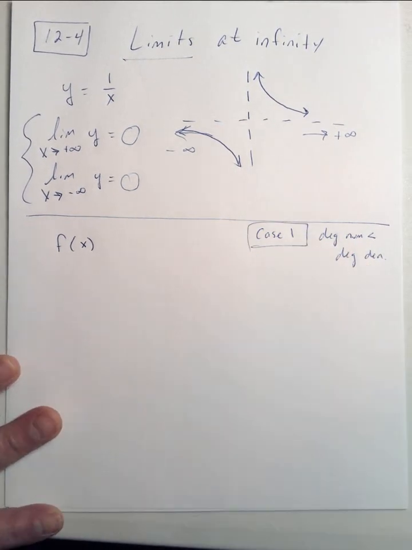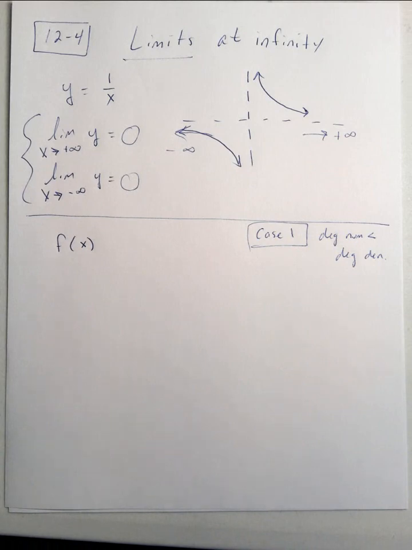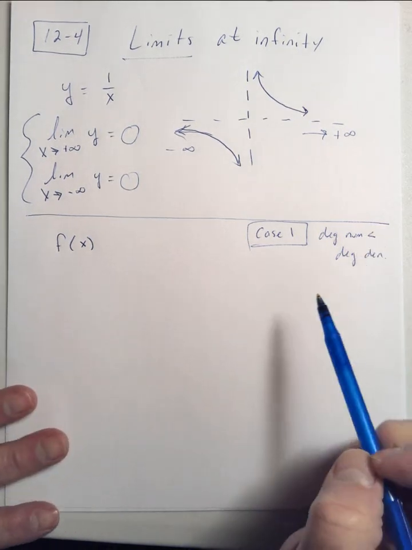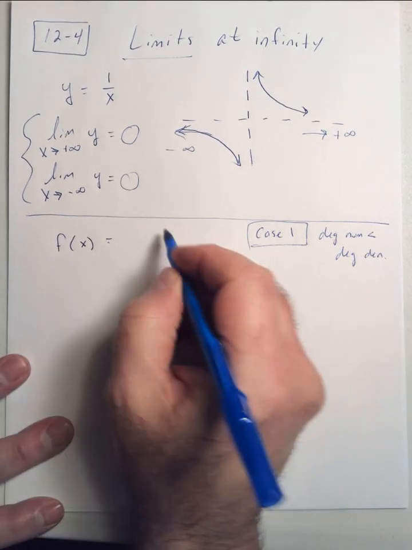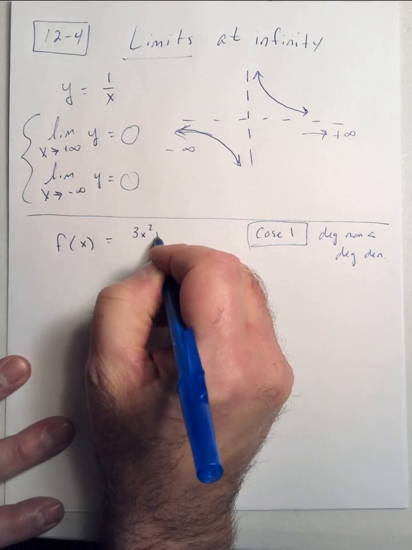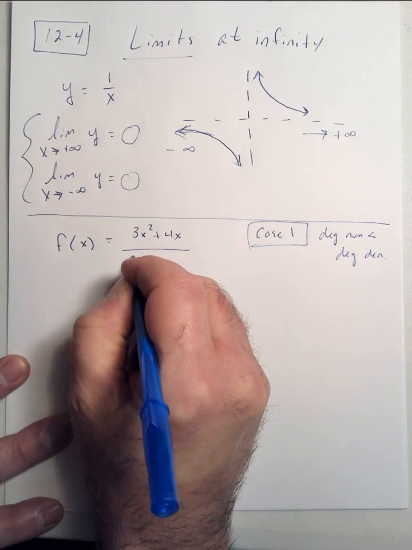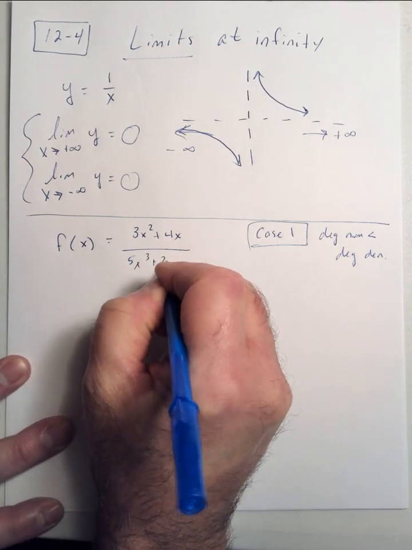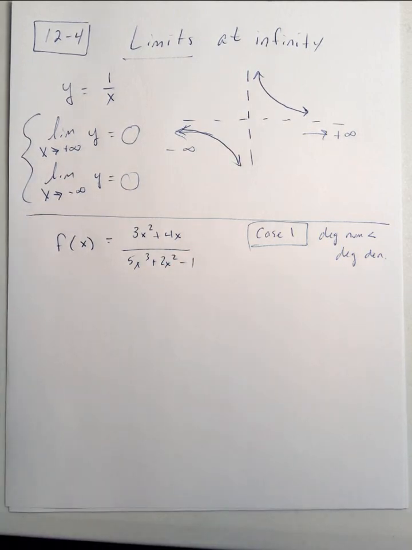And this is really what we're talking about here. We're talking about rational functions when we're looking at limits at infinity. So if the degree of the numerator is less than the degree of the denominator, for example, if we've got 3x squared plus 4x over 5x cubed plus 2x squared minus 1, just for example.